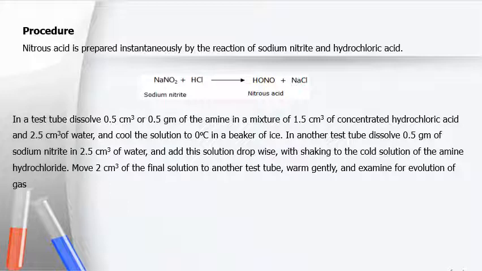In another test tube, dissolve 0.5 grams of sodium nitrite in 2.5 ml of water and add the solution dropwise with shaking to the cold solution of the amine hydrochloride. Move 2 ml of the final solution to another test tube, warm gently, and examine for the evolution of gas.